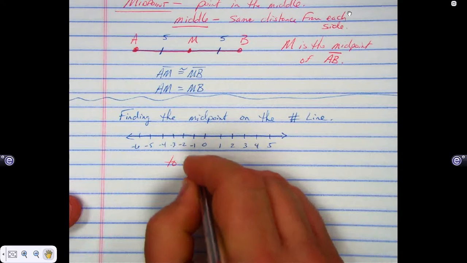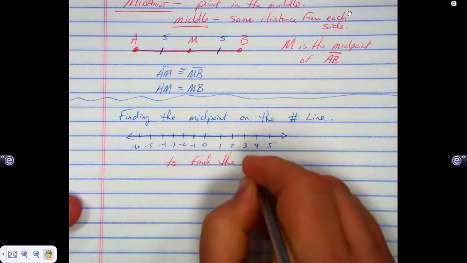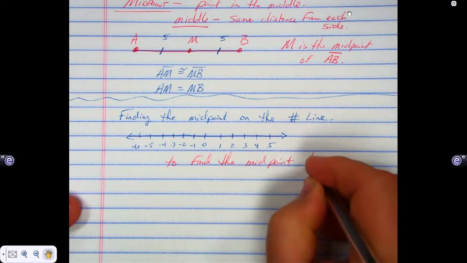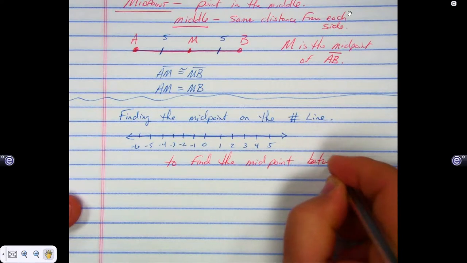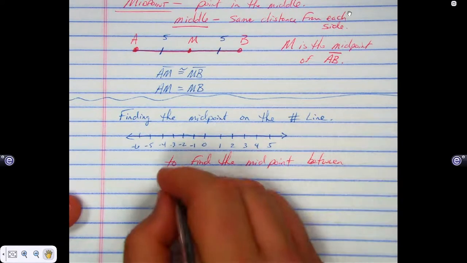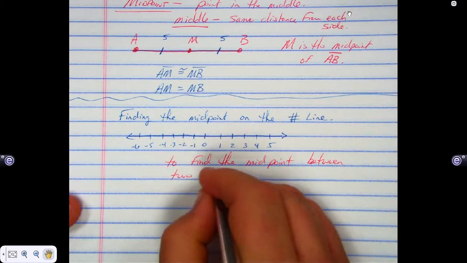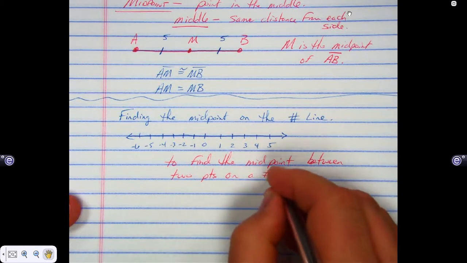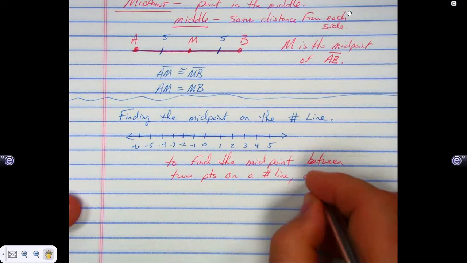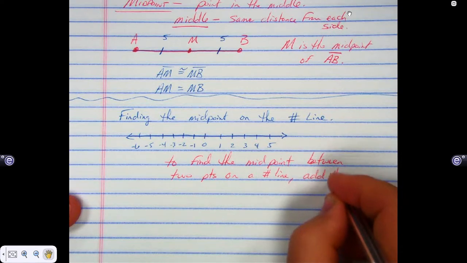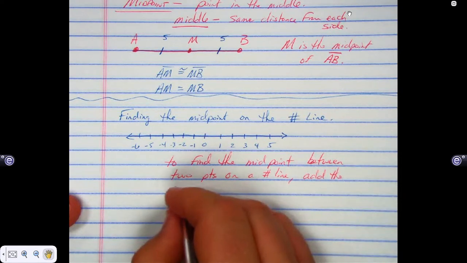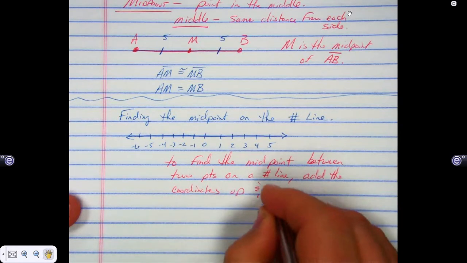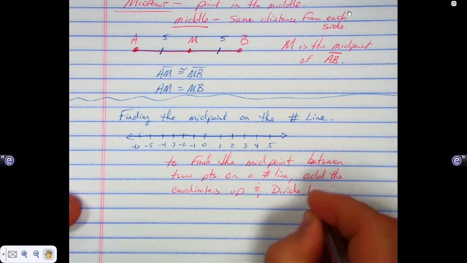To find the midpoint between 2 points on a number line, add the coordinates up and divide by 2.